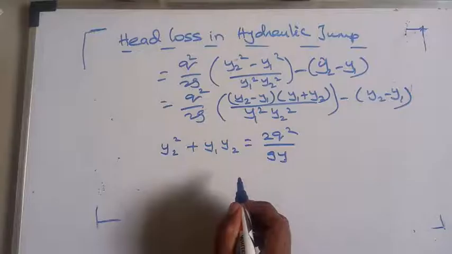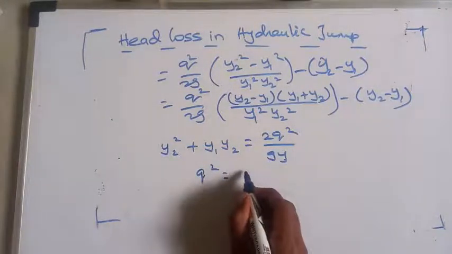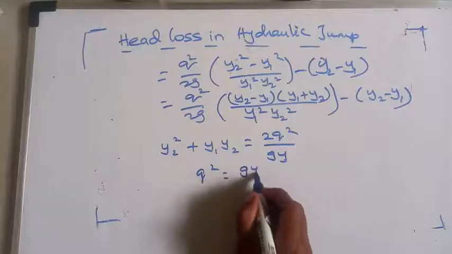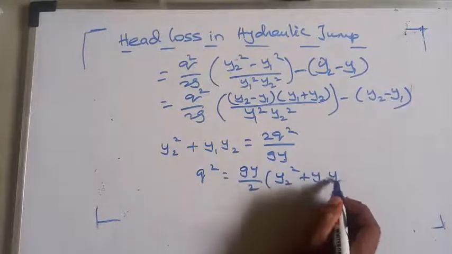If we compare, we can calculate q square is equal to g into y1 by 2 into y2 square plus y1 y2.